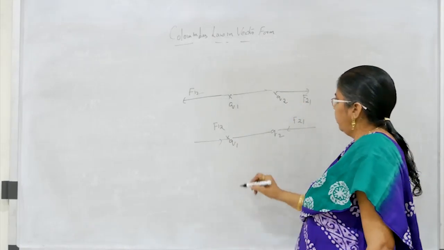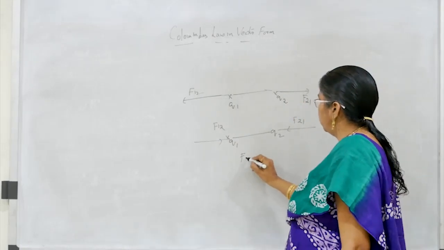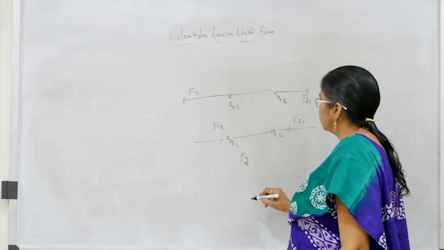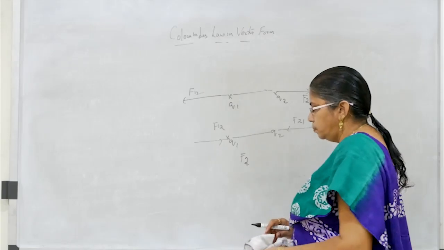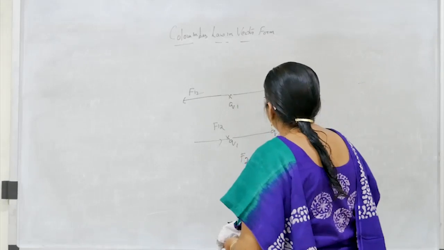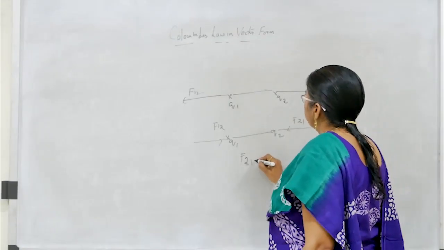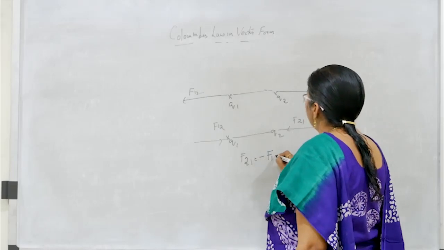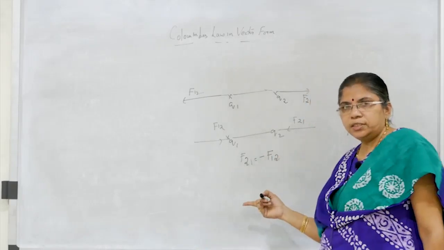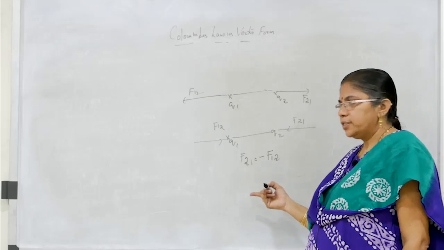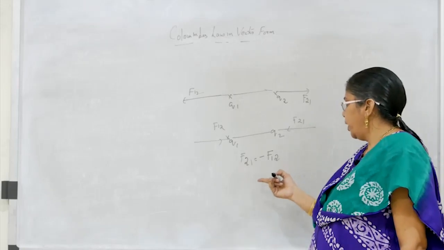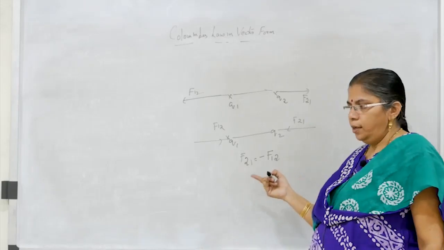So at that time F21 is equal to minus F12. This notifies Newton's third law: for every action there is an opposite and equal reaction.